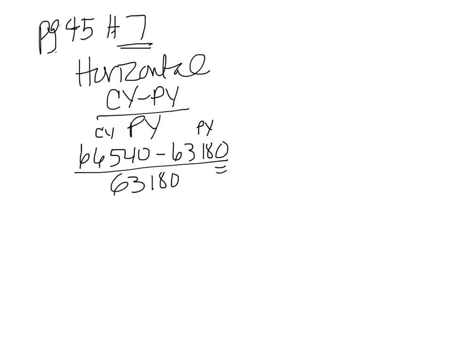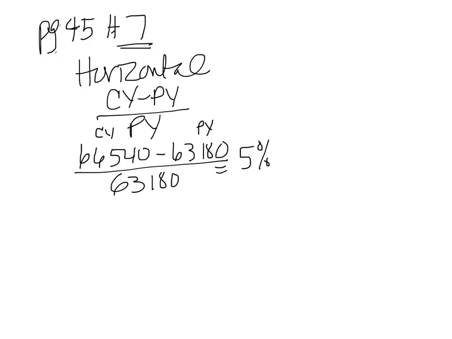Let me do the math: 66,540 minus 63,180 equals 3,360, divided by 63,180. And we get, I think, 5%, if I'm looking at this correctly and did the math correctly.